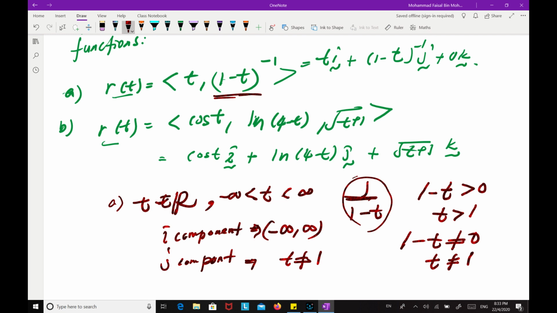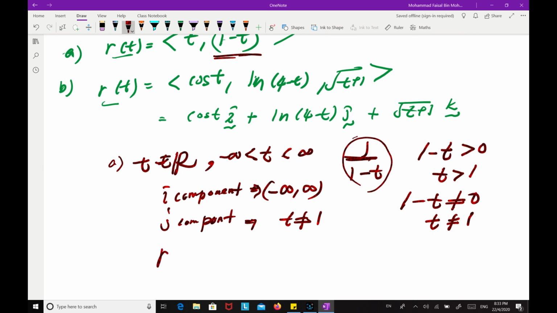Okay, so you can write domain t such that t element of R also t not equals to 1.